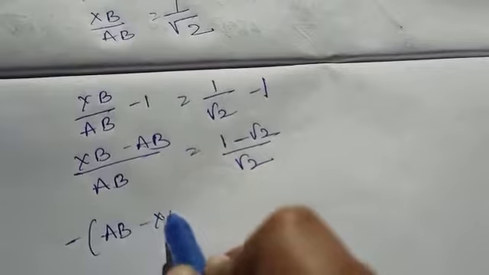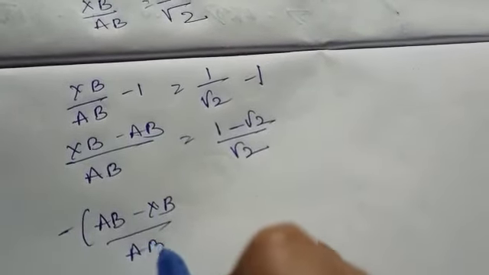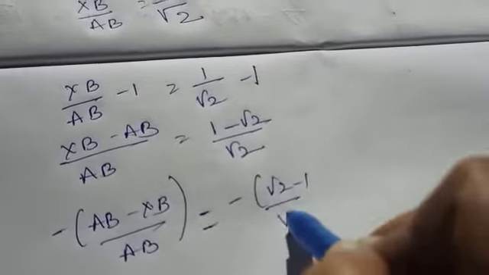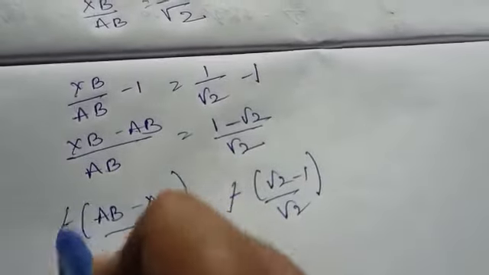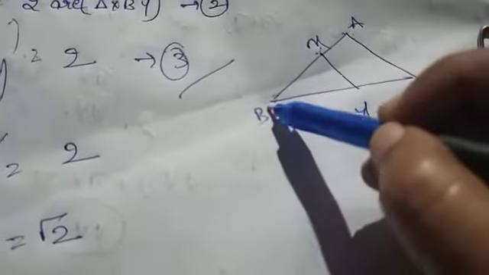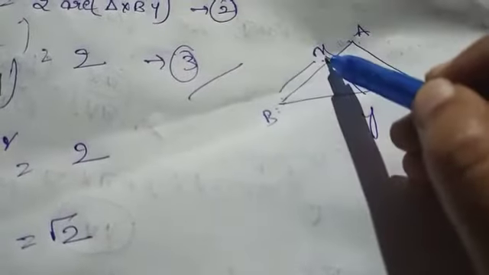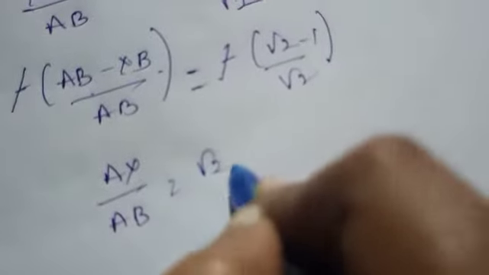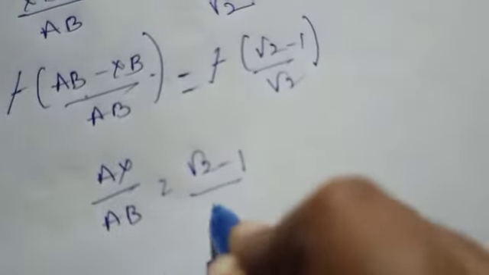(AB minus XB) by AB equals (root 2 minus 1) by root 2. Okay. Minus minus get cancelled. AB minus XB equals AX. So AX by AB equals (root 2 minus 1) by root 2.